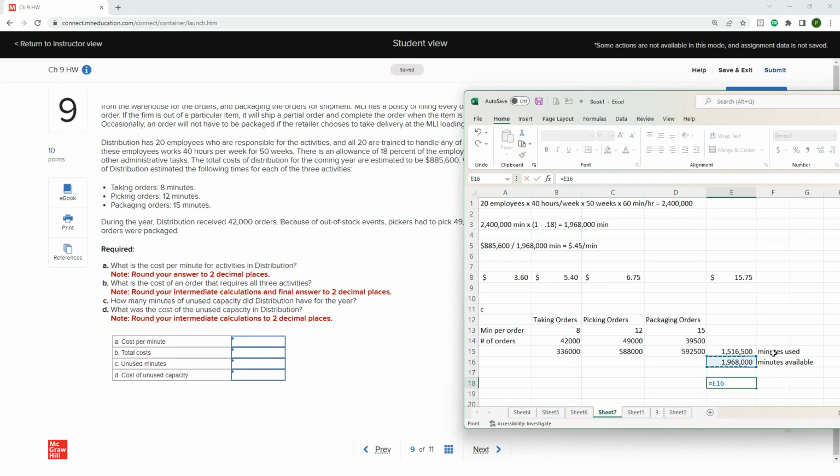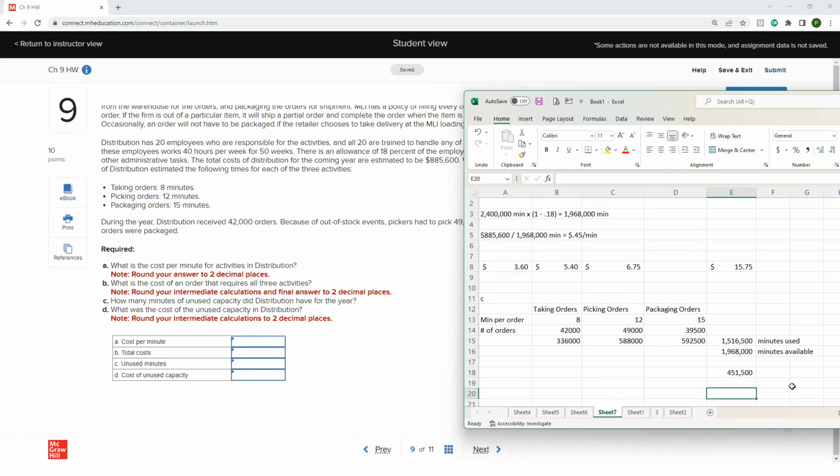So that's our answer for part C. And then for part D, you just multiply that 451,500 times the 45 cents. And so the cost of those unused minutes is $203,175. So that's question 9.